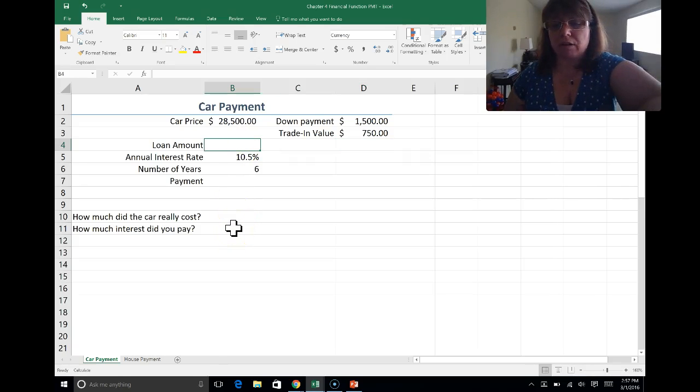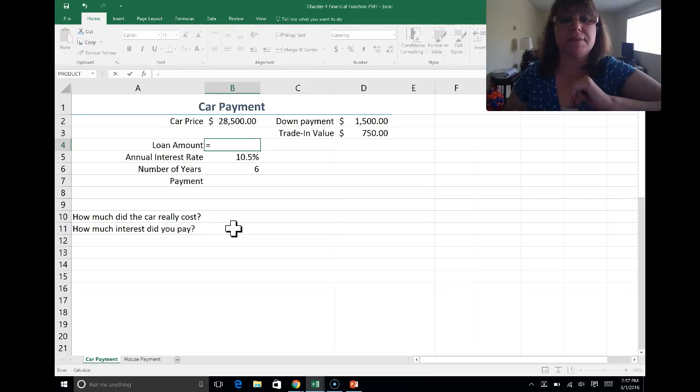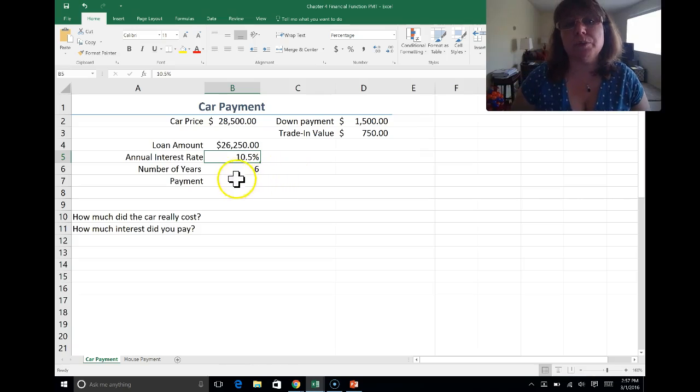Well, my loan amount, I'm going to tell Excel to start doing some math, is going to be the car price minus the cash I gave them minus the trade-in value of the car that I gave them. Those are both credits. So my total amount of the loan is $26,250.